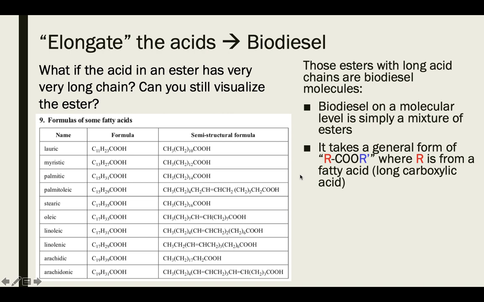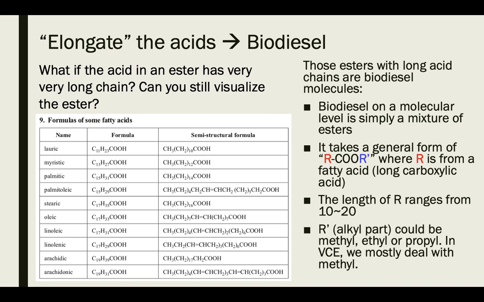They're very, very long carboxylic acids. The length of R ranges from 10 to 20. And for the alcohol part, in reality we normally work with methyl, ethyl, and propyl, which means that we can use propanol or ethanol or methanol to make a biodiesel molecule. However, in VCE, we mostly just deal with methyl. So in VCE, we can say that almost all biodiesel molecules are methyl esters.